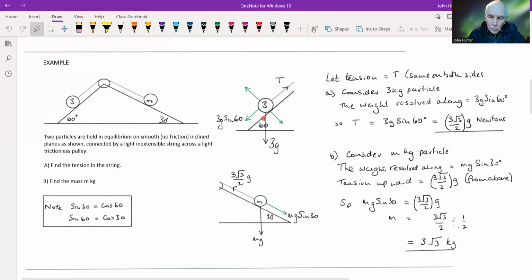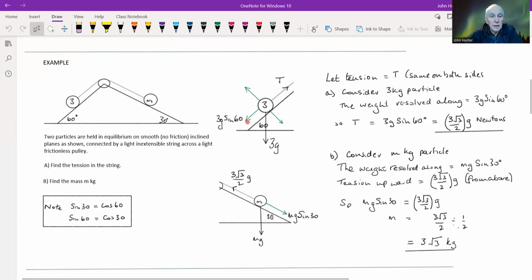And this one here would therefore be 3g sine, cos 30, 3g cos 30. But cos 30 is the same as sine 60. And it is probably easier to remember as well, if we just think of that as sine 60. So this is 3g cos 60, this is 3g sine 60. Okay, so we got that, 3g sine 60.